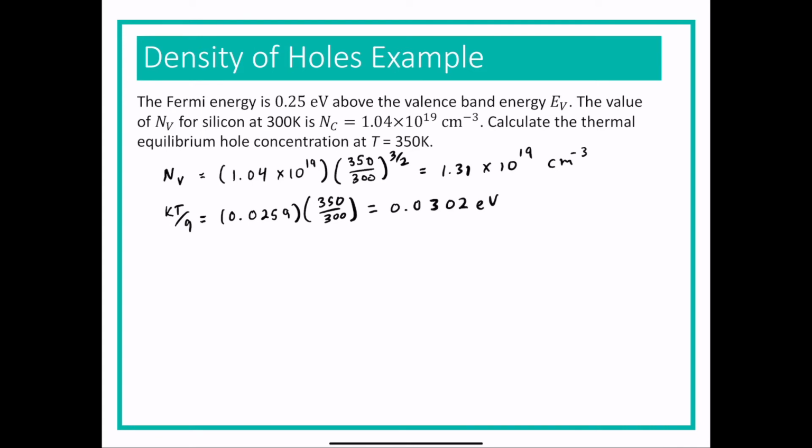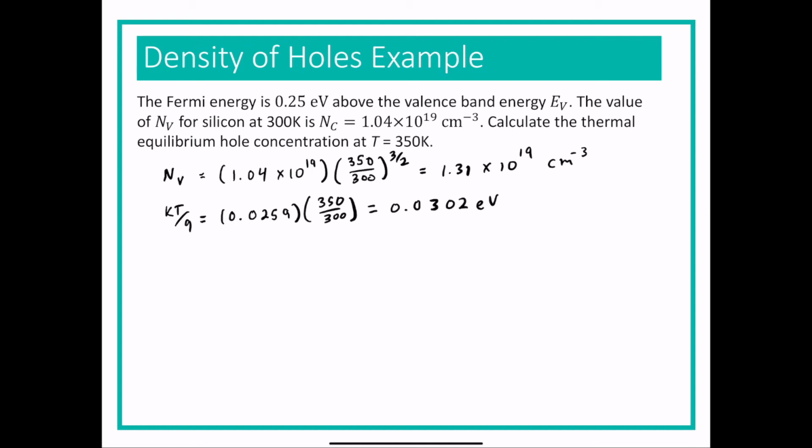You can do that with KT over Q for any temperature, rather than using Boltzmann's constant, multiplying by the temperature and dividing by the electron charge. You can just use 0.0259, which is the value at 300, and scale it up or down by putting the new temperature on top of 300, and that will either make it lower or higher depending on what you're doing. It's somewhat easier than calculating it all out.